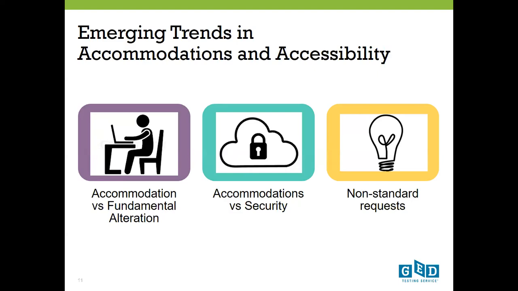We have a special cell phone bag that they put their cell phone in, and they do take it into the testing room with them. But those are considered a non-standard accommodation, and all of those things require an accommodation approval. So if you have any candidates that think they need to bring a cell phone into the room with them, they need to apply for accommodations.